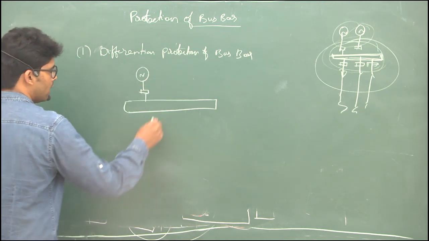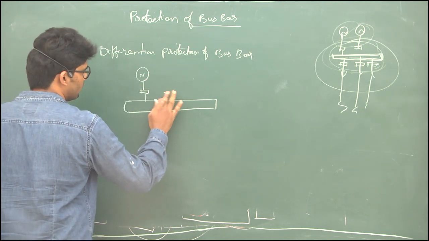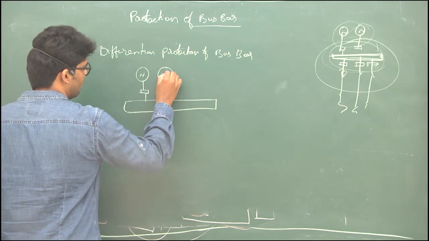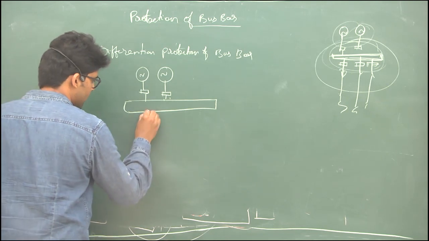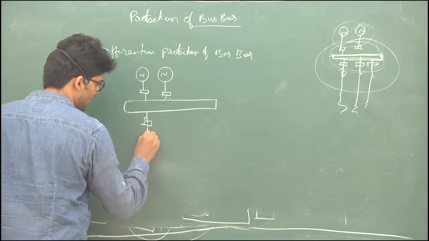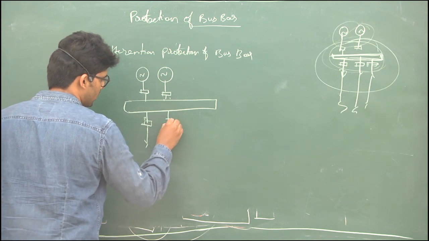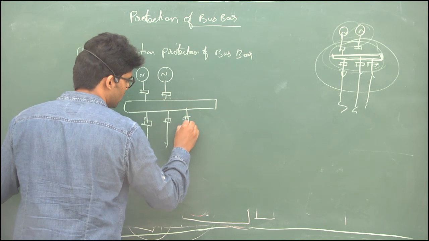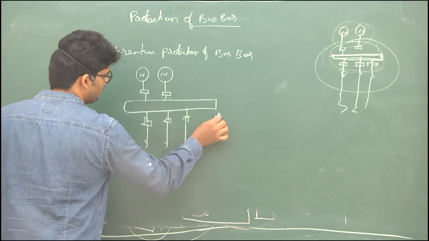This is also one circuit breaker, and we have alternators here, and again the sending circuit breaker, isolation and sending, and another circuit breaker, isolation, sending. So our aim is to protect this zone.